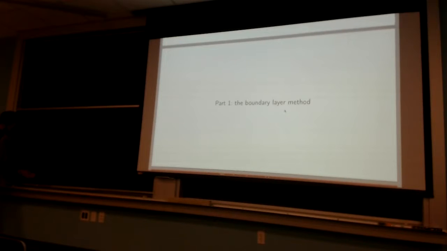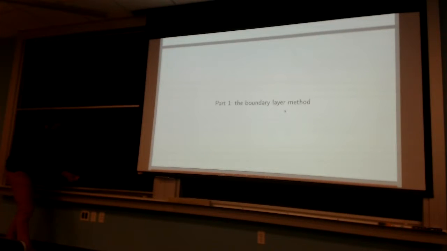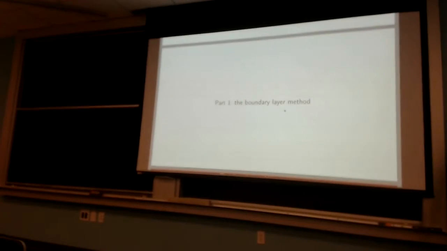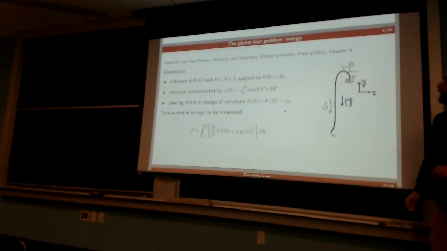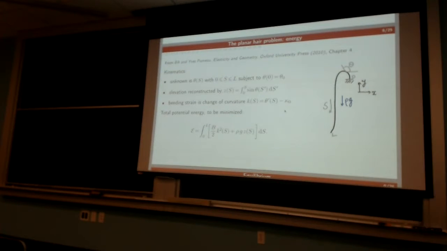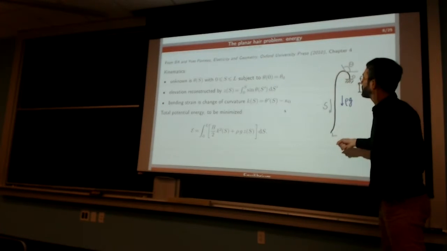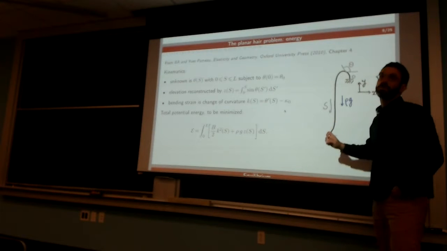And let's apply that to a slightly more interesting problem. So I'll consider what's arguably the simplest problem in nonlinear structural mechanics. It's a 1D beam, a 1D elastica, that's subject to its own weight and is inextensible.